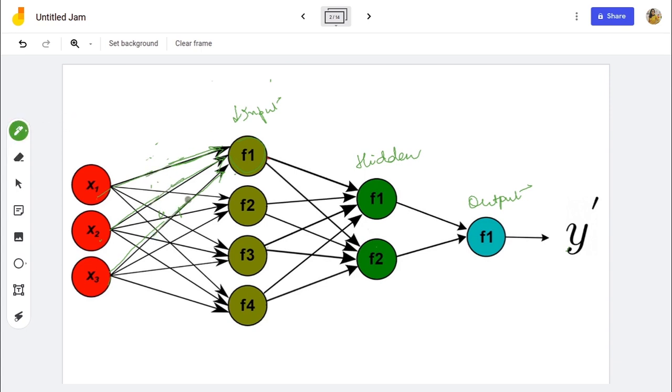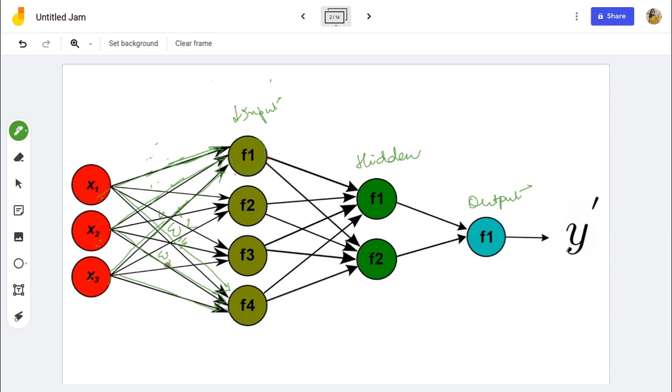So then this happens and this goes on and on till we reach the last node of the input layer. So here what will be the inputs? X1, X2 and X3 and the weights W. First input going into the fourth node, 1,4, first layer.